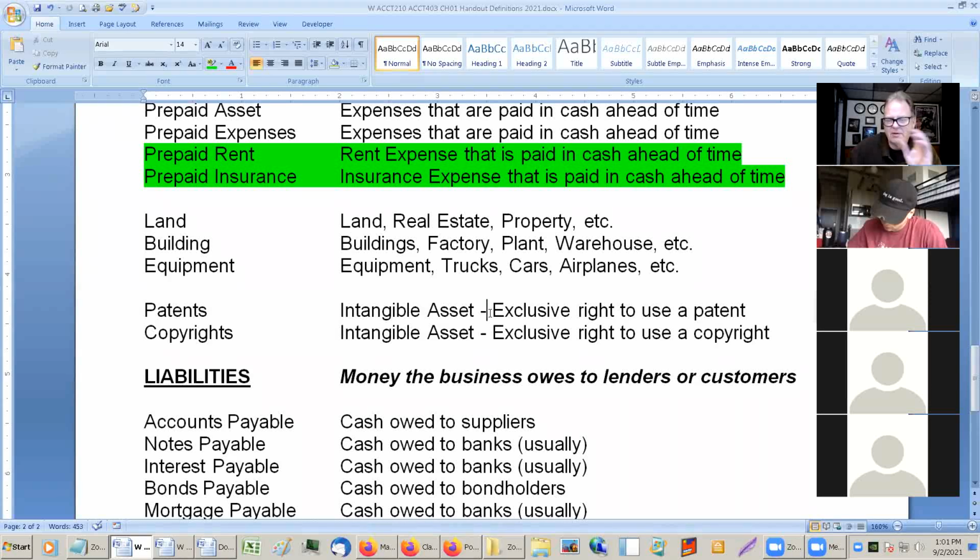If you look at a drug company's financial statements, they'll have billions, and they're intangible. The value is not in the patent. You say, well, wait, I can touch it. There's a piece of paper here that has a pen on it, but the value is not in the paper. The value for them is to be able to sell this drug to people, and they have the exclusive rights to sell it.